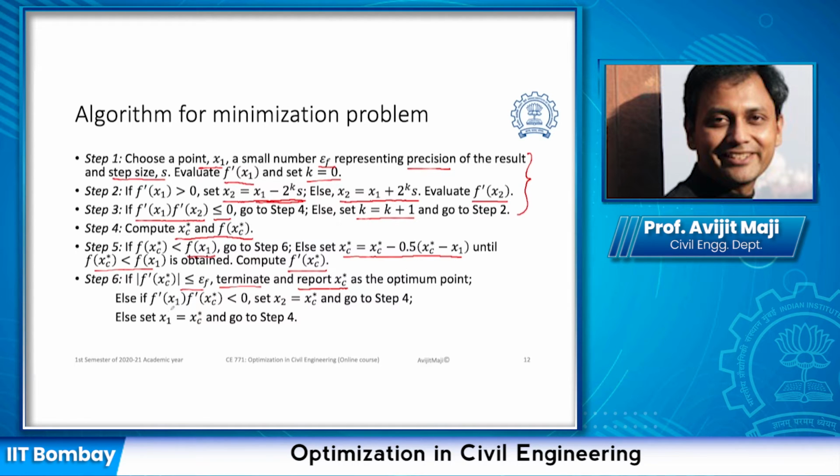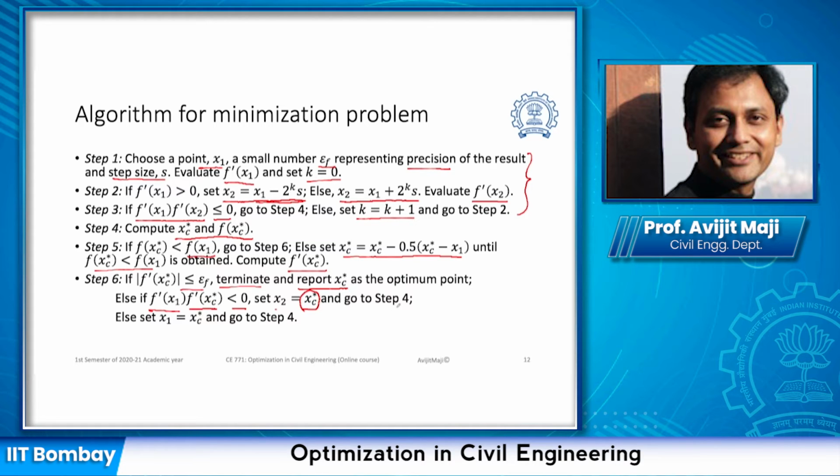For that, we need to check the slope at x1 and the slope at the new point. If we find these two slopes are of opposite direction or opposite sign, then definitely the product is going to be less than 0, and in that case we can say that the new x2 is going to be the point which we have just evaluated.